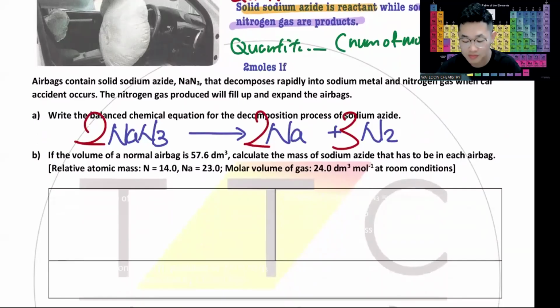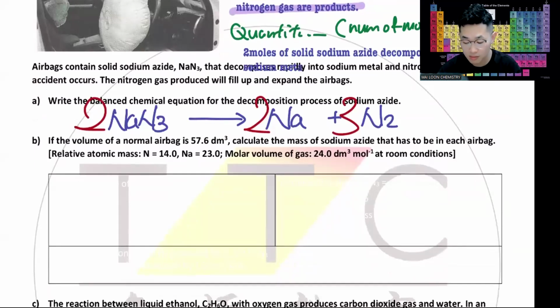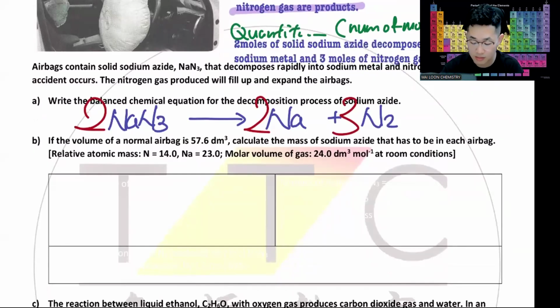2 moles of the sodium azide decomposes into 2 moles of sodium metal and 3 moles of nitrogen gas.